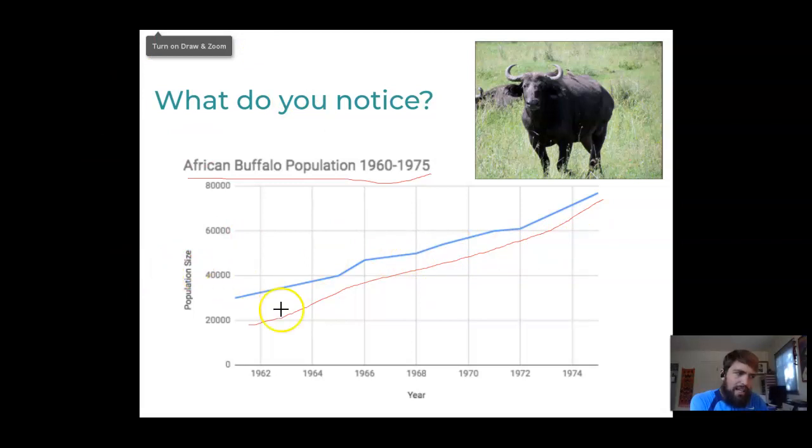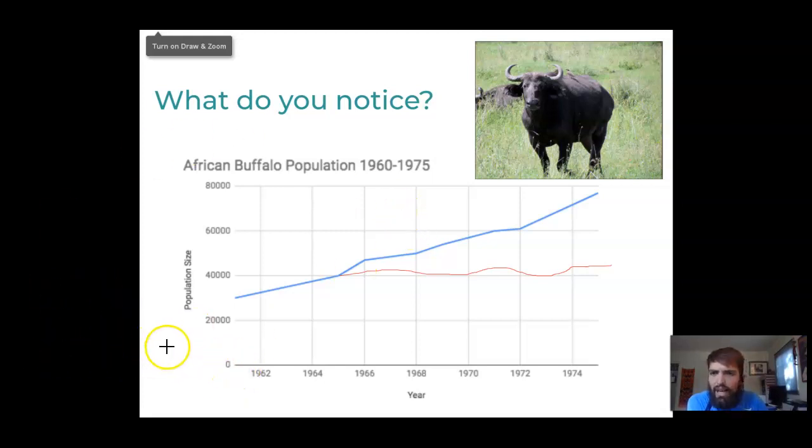Or should this line naturally be more like this? Do you think that this would be more natural or just going straight up? And what do you think could happen? What are some things that could happen if a population changed drastically over a relatively short period of time? So reflect on that on question 4, pause the video, and then continue.